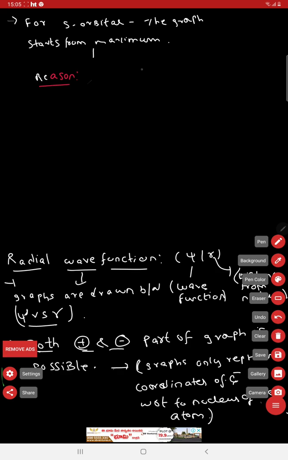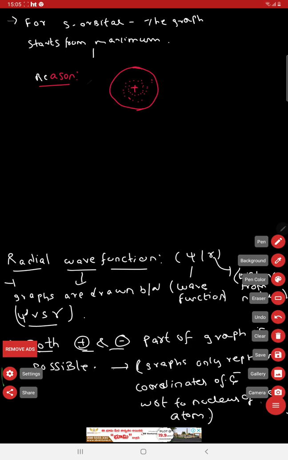The reason is simply, consider an s orbital. For an s orbital, the electron density, consider this as positive.